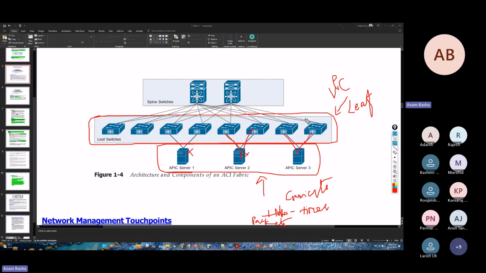VPC is a different concept. Now we are talking about failover only. So the leaves will be continuously communicating with the Epic.